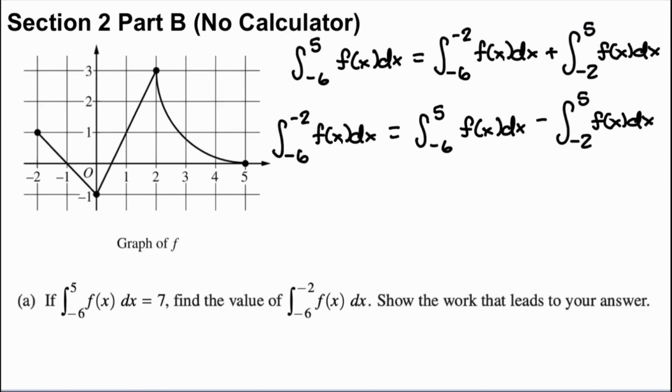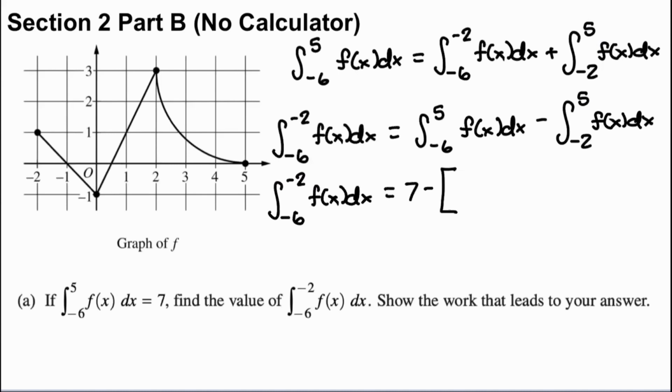I should have just taken this guy and put it down here. I apologize for not doing that. So the integral from -6 to 5 of f of x dx, we're given that that's equal to 7 minus, and I'm going to put a big bracket here just to section off this geometric area as it's going to take a bit.